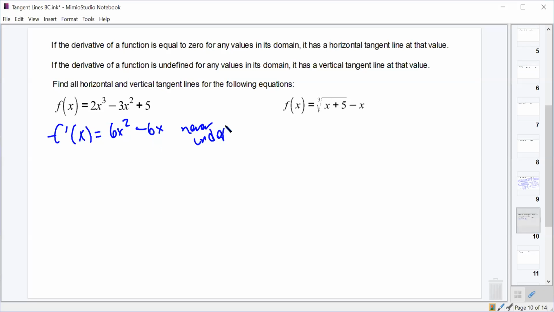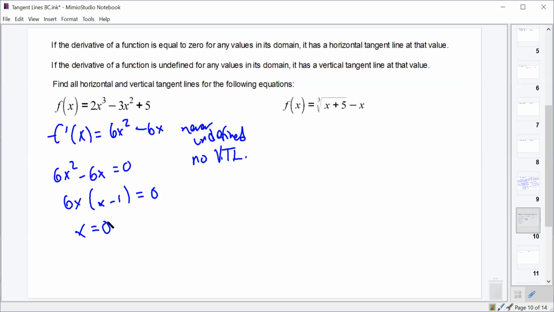So does this one have any vertical tangent lines? Nope. And we'll set it equal to 0. Factor out the 6x and be left with x minus 1. So we got x equals 0, x equals 1. So those are the locations of the horizontal tangent lines.